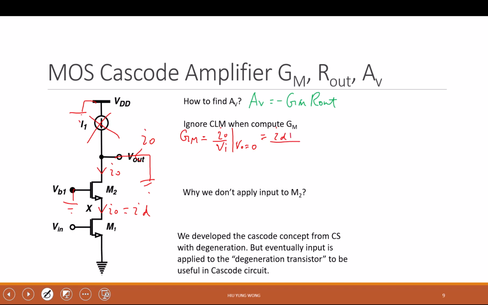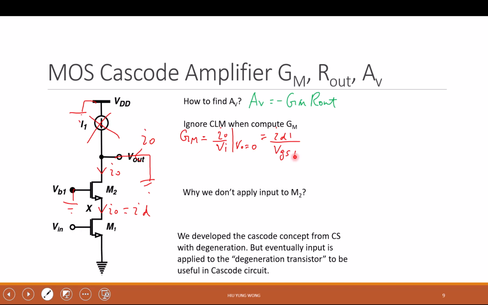How about VI? What is VI in this case? V input. In terms of the source, gate, drain, what is that? VGS, which transistor, 1 or 2? 1. Do you agree with what he said? The input is VGS1, right?